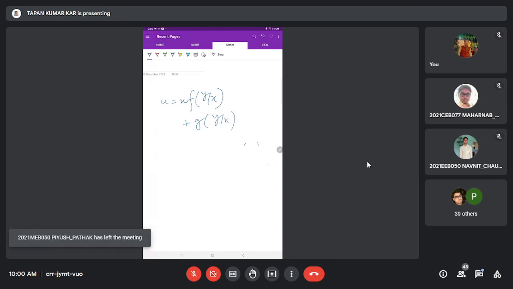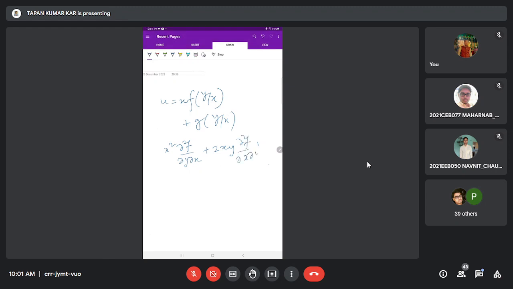Then show that x square del square u del x square plus 2xy del square u del x del y plus y square del square u del y square equal to 0. I think there is a mistake in this problem. I think it would be del x square.